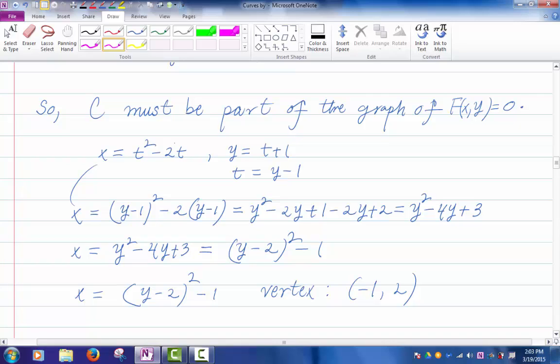Every point on the curve is on the parabola. So all I know is that my parametric curve is part of the parabola. My curve lies on the parabola.